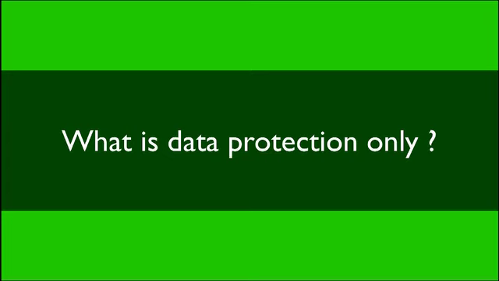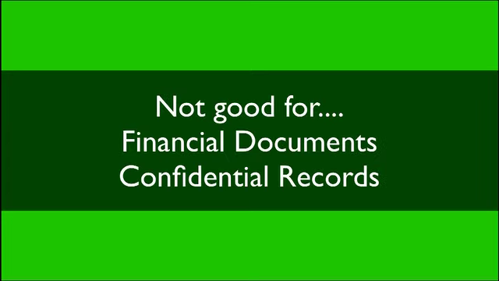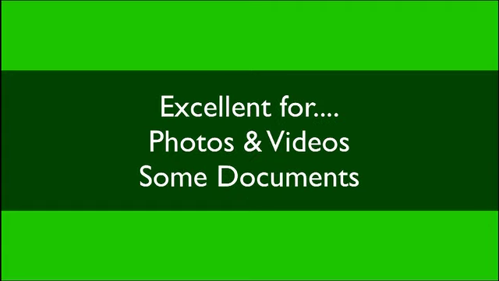But you're not necessarily guaranteeing that the data you're copying up to the internet is encrypted. When I get into the data security video, I'll get into what encryption is and so on. So just doing data protection alone isn't good for things like financial documents and confidential records. However, it's fine for photos and videos and maybe some documents.